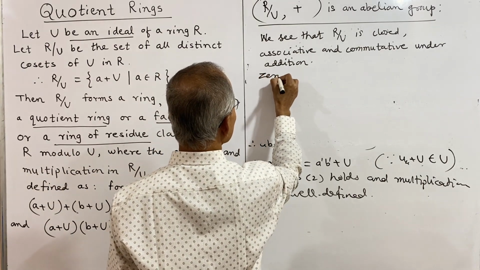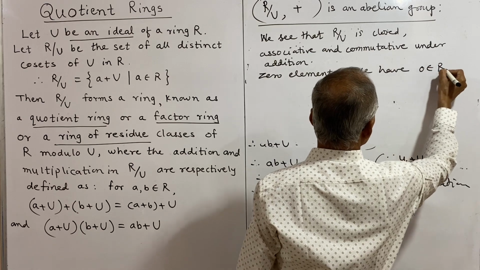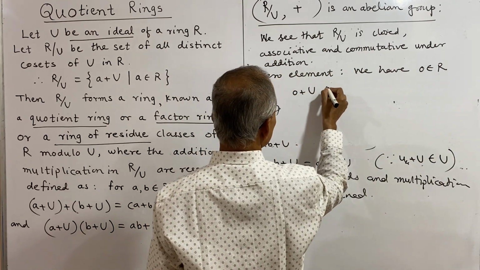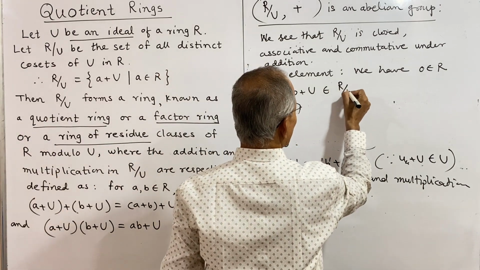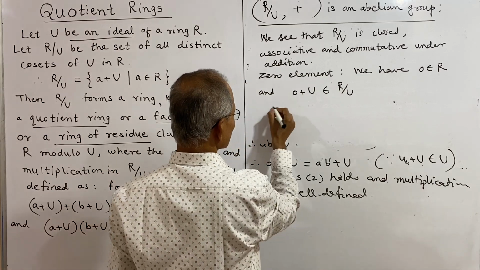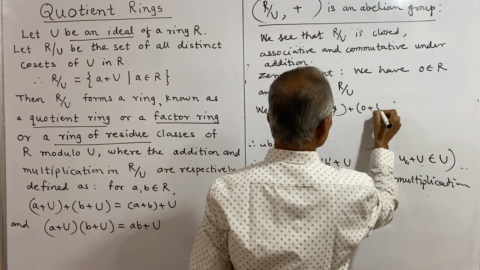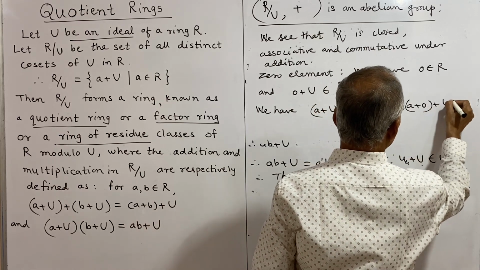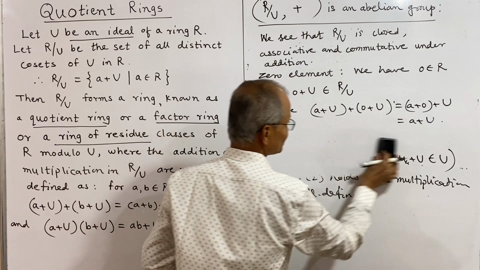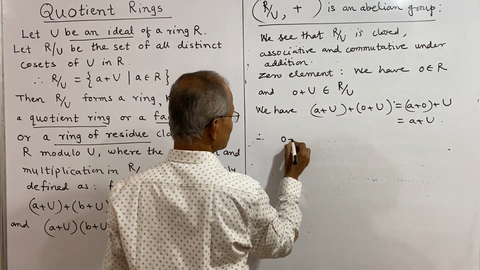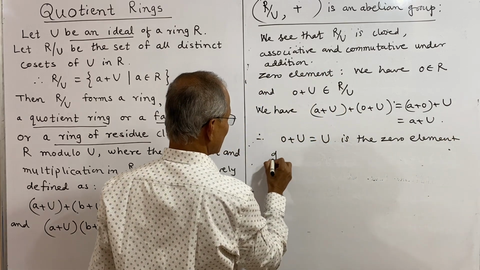Further, now zero element, we have 0 belongs to R and 0 plus U is an element in R by U, and this is the 0 element of R by U. We can check that A plus U plus 0 plus U is equal to A plus 0 plus U, which is A plus U, and therefore 0 plus U, or U itself, is the 0 element of R by U.